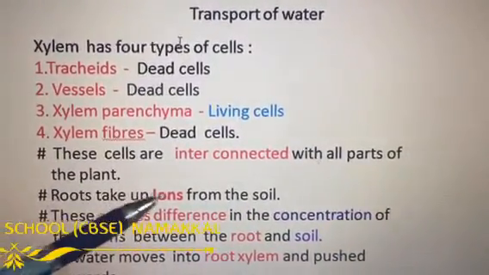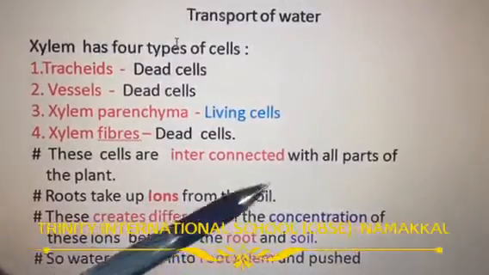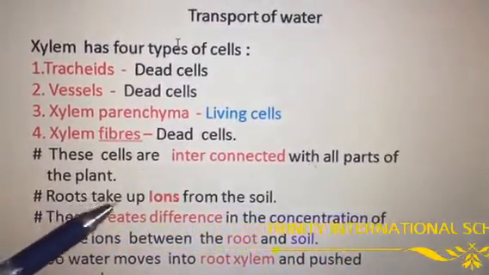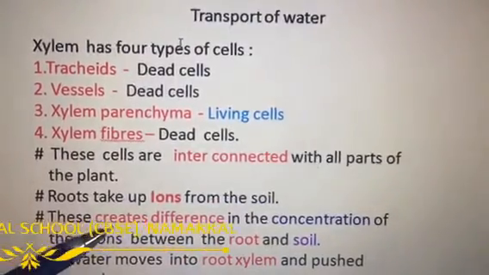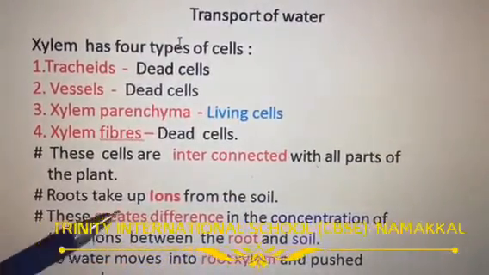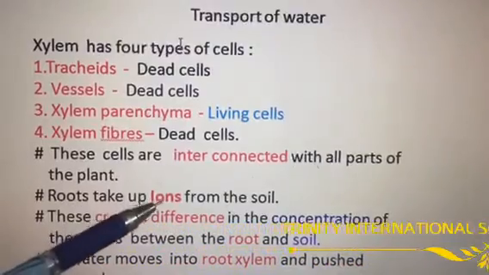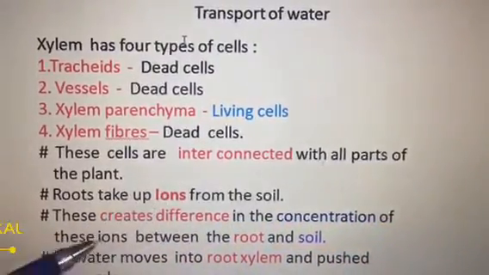Roots take up ions from the soil. In the soil, so many nutrients and ions are there. So the root first absorbs the ions.